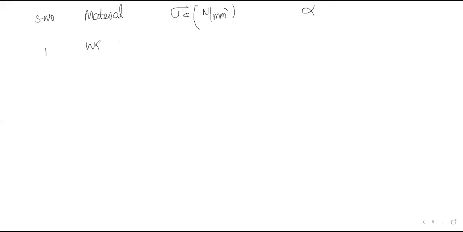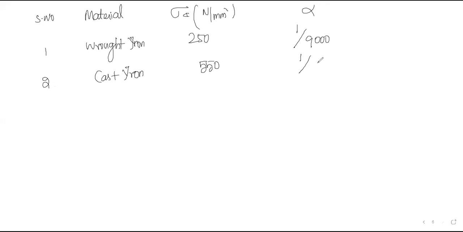The material is wrought iron. For wrought iron, the sigma C value is 250 Newton per mm squared, so the alpha value becomes 1 by 9000. The second one is cast iron. For cast iron, the sigma C value is 550, so the alpha value becomes 1 by 1600.